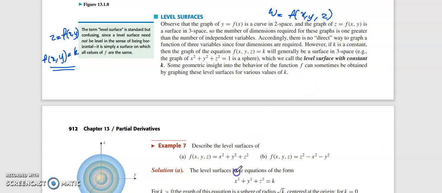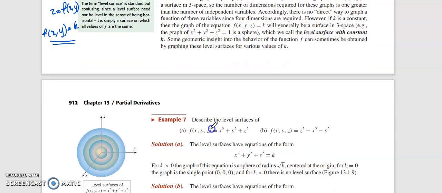So for example, let us consider the function f of x y z equal to x square plus y square plus z square. Level surfaces will be given by replacing f by k, so that will be x square plus y square plus z square equal to k.